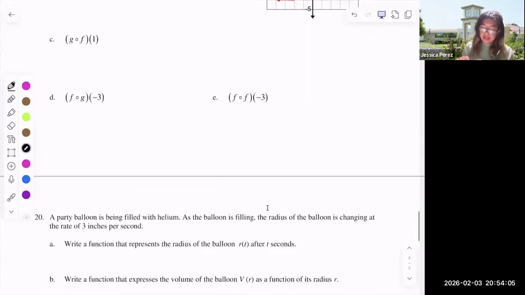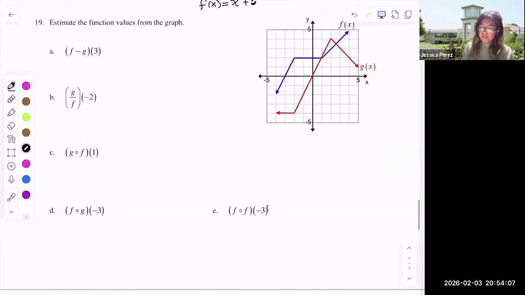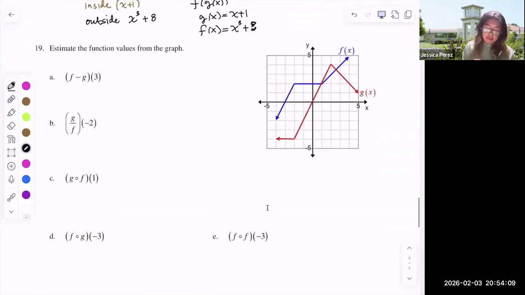Now, when we're looking at question number 19, we have to look at a particular graph. So this means we want to find f of 3 minus g of 3. So f of 3, we have f evaluated at 3. So 1, 2, 3. If we look at that value corresponds to 1, 2, 3. So now we're going to go to g, so let me go back.